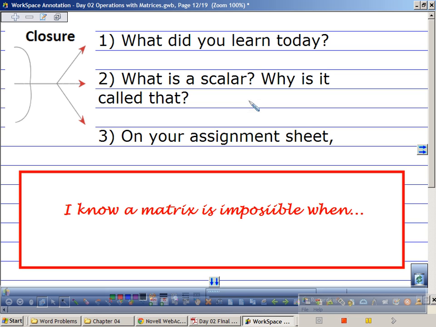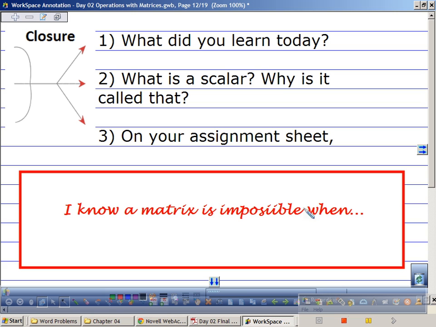Because what? You're scaling it. Right? You're scaling it either up or down. If I'm scaling up, I'm using multiplication. If I'm scaling down, what am I doing? Multiplying by a fraction, right? Same thing, right? Cutting it into pieces.